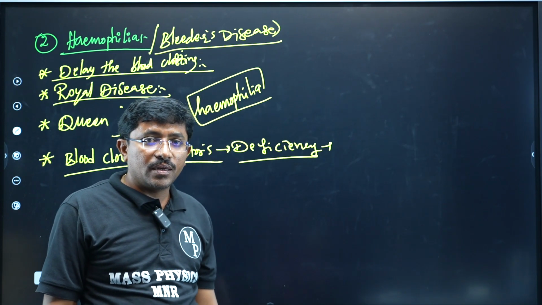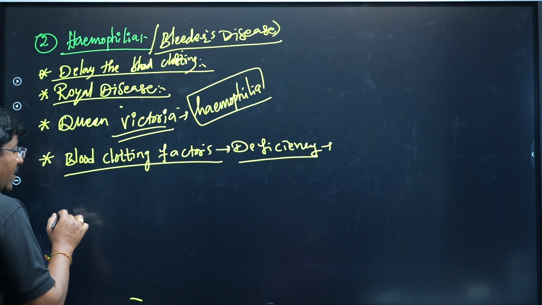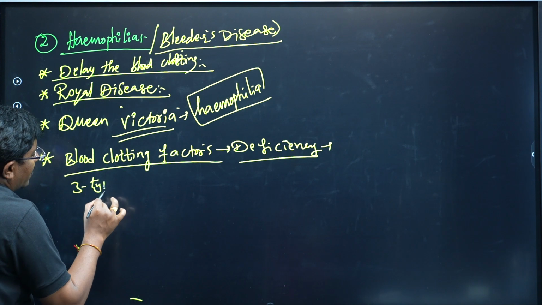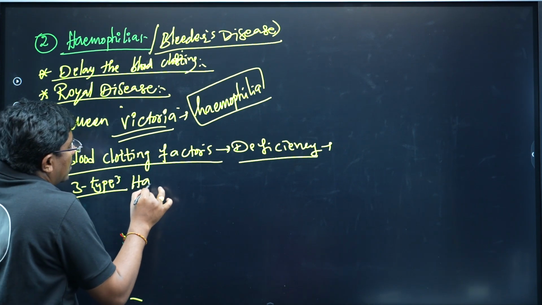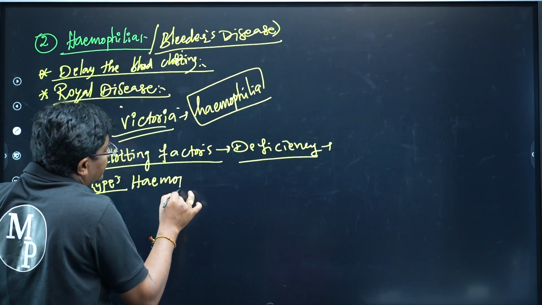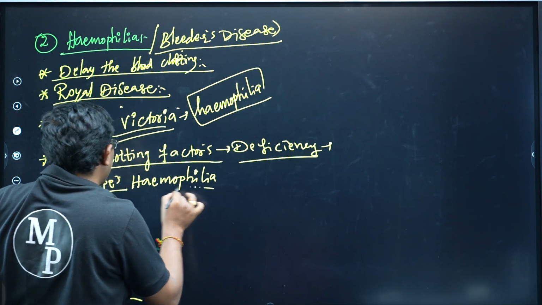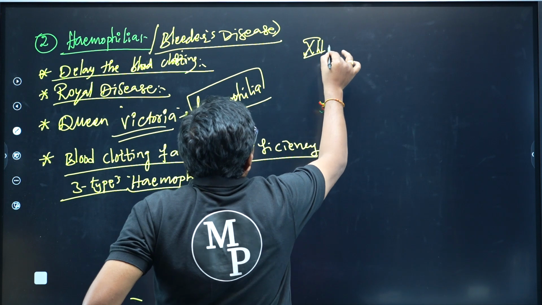So that is one point, and different types of hemophilia are there. In total, 3 types of hemophilia are there. Actually, how many clotting factors are there? 12 clotting factors are there.